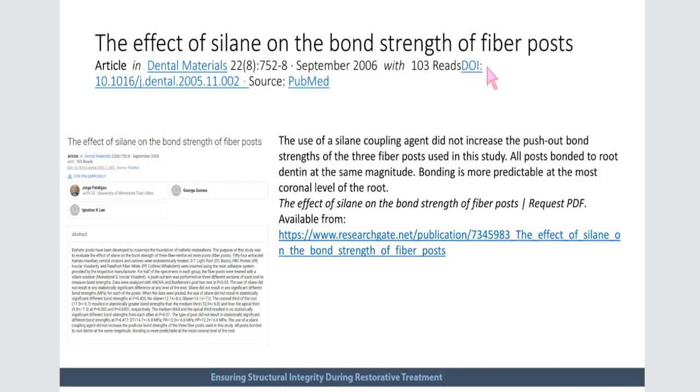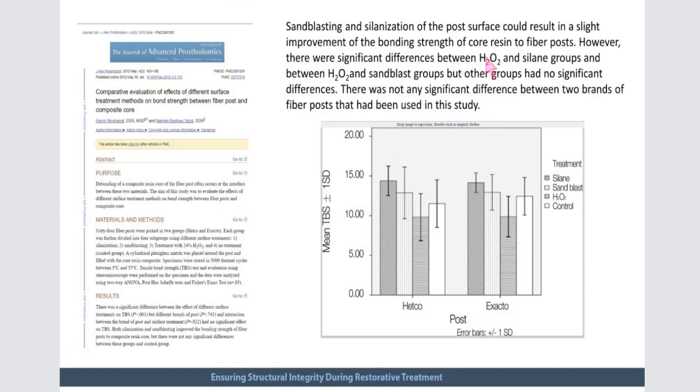It's just for the sake of the statistics. They see only a slight improvement when you are using silane. When you are using sandblasting, they saw a high decrease. And never use hydrogen peroxide in the presence of bonding or composite, it will always lower your adhesion. So I never use silane.